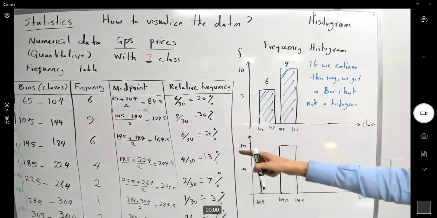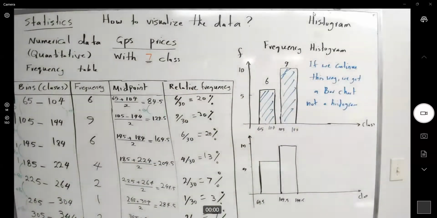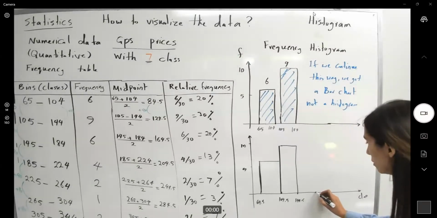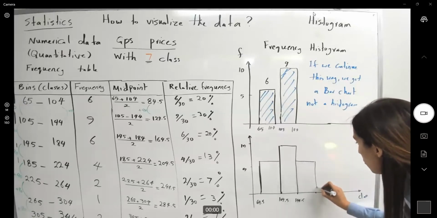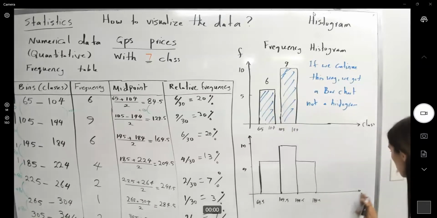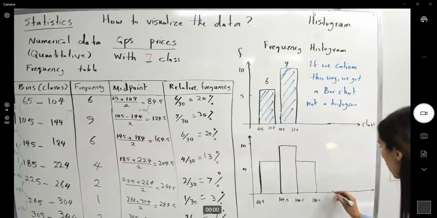For the next class, it's going to stop at 184.5, 184.5 with the same height as before. I'm going to continue this. And then you're going to have 224.5 with height 4.